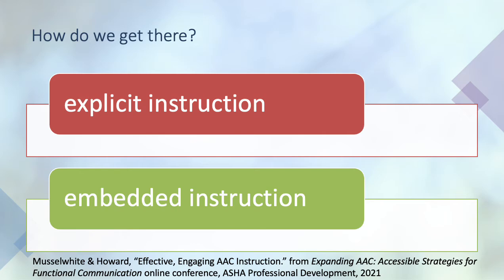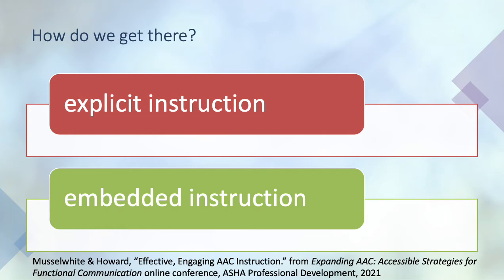Musselwhite and Howard, in their 2021 ASHA session on effective, engaging AAC instruction, talked about the need for us to teach communication through both explicit and embedded instruction. Explicit instruction is a targeted, planned activity which targets a specific word or message. It often occurs in a therapy room or within a structured activity.